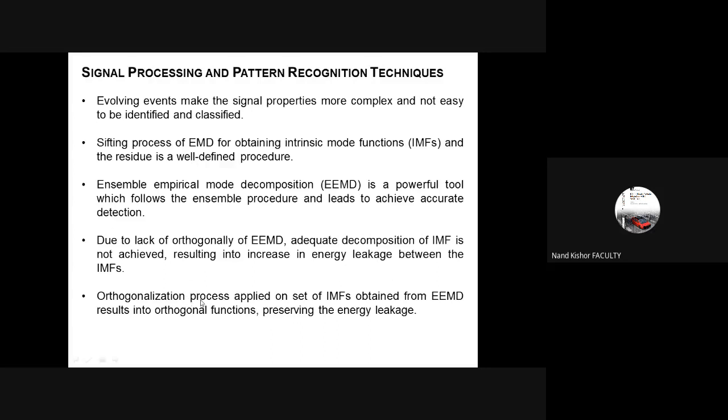However, with orthogonalization applied, we can obtain more accurate IMFs here, and thus this helps in energy preservation, that means preserving against the energy leakage, by adopting the orthogonalization process, right?